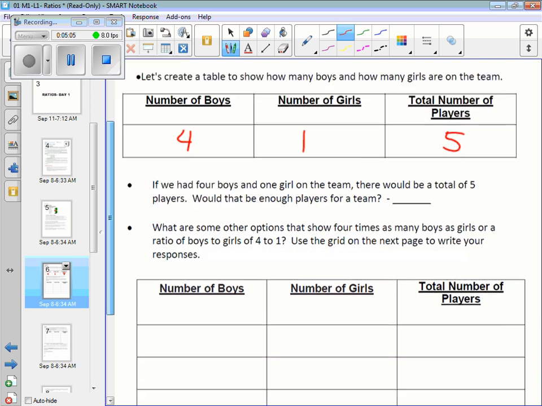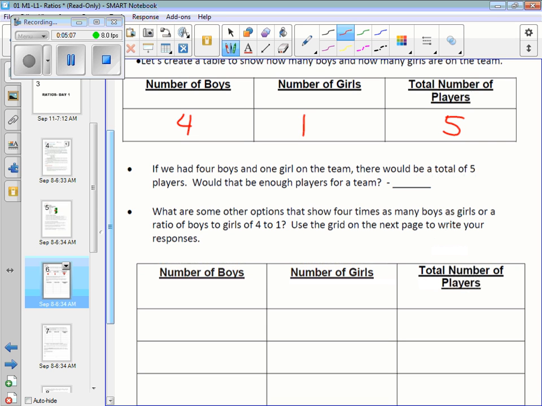And that's going to take me to my first bullet. Usually, soccer teams aren't that small, right? So if we had 4 boys and 1 girl on the team, there'd be a total of 5. Is that enough for an entire team?